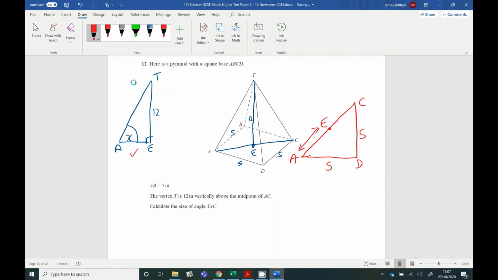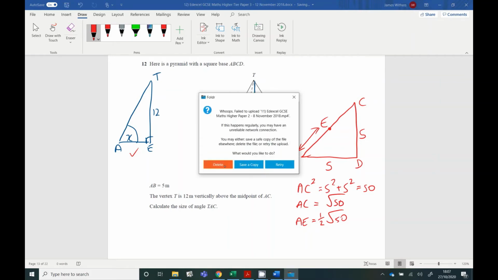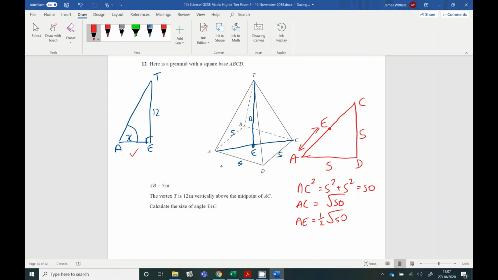Well, I can do this by way of Pythagoras. AC squared, the length of the hypotenuse, equals 5 squared plus 5 squared, 25 plus 25, which is 50. So AC is the square root of 50. So obviously AE, which is halfway along, is going to be half of root 50. Taking that information across to my left-hand side diagram, I've now worked out that AE is half root 50.